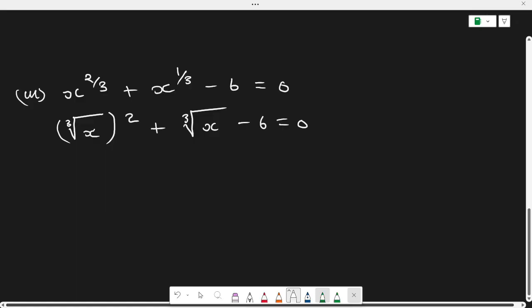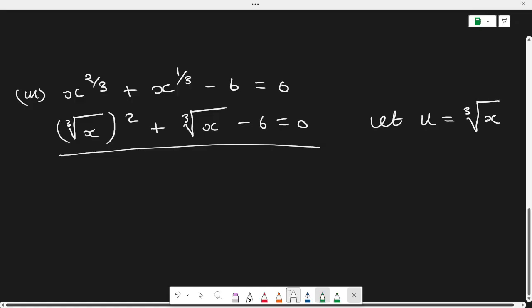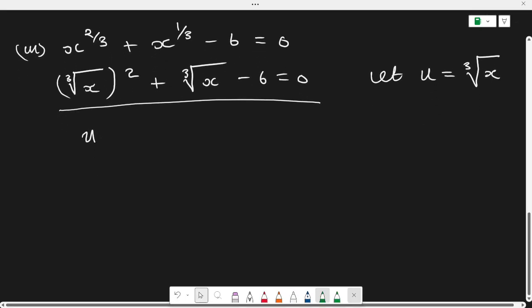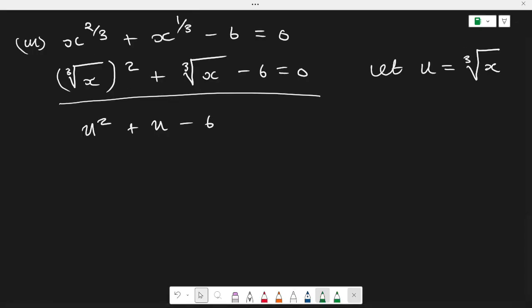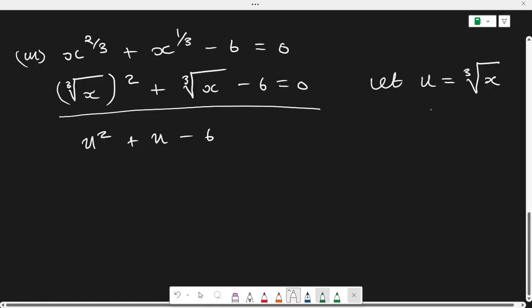So the way we can solve this question is, if I take the lower version of it, we can say that we let u be equal to this, and replacing u in this equation, what we're going to have is u squared plus u minus 6, letting u be equal to the cube root.